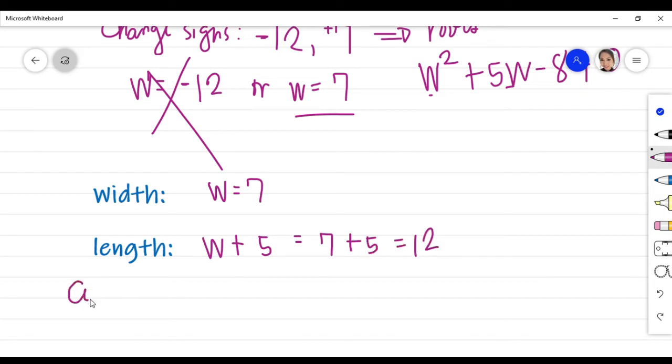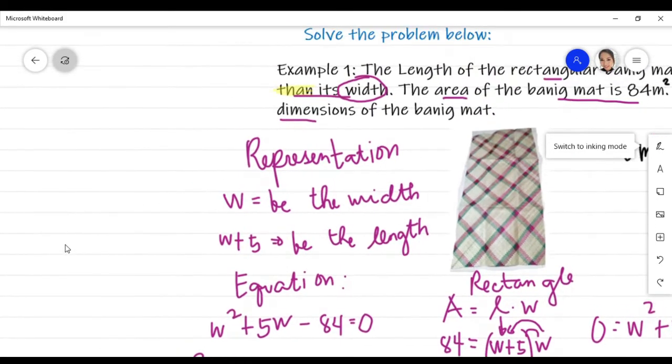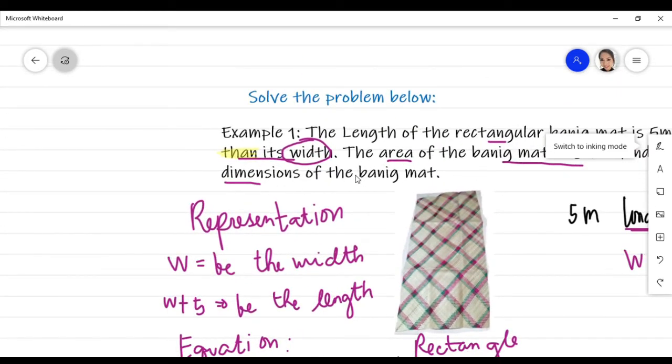For our conclusion, so our conclusion is based on our question. The question was, we have to find the dimensions of the banig mat.